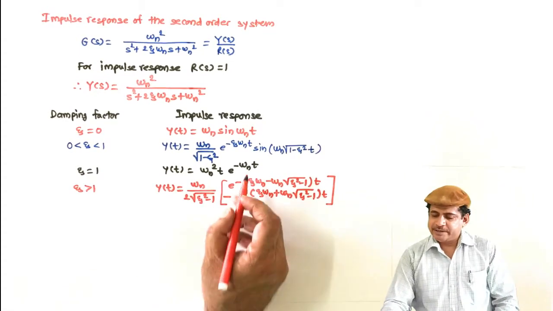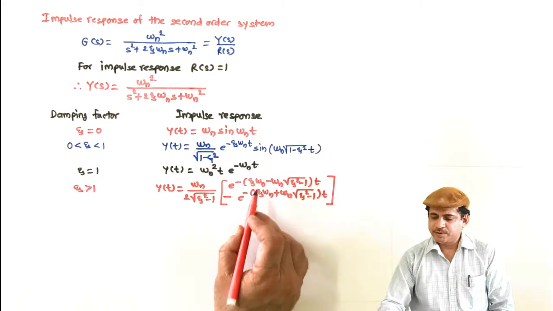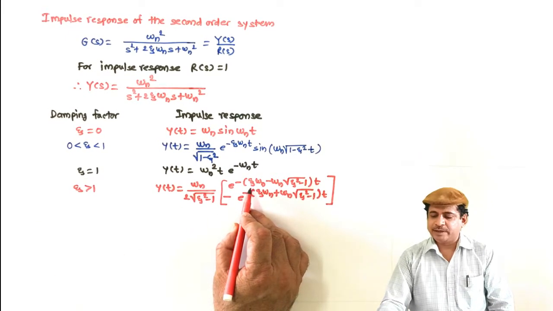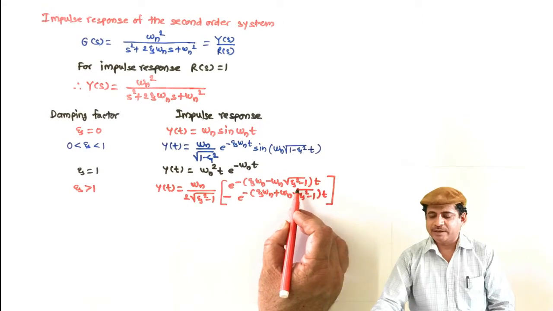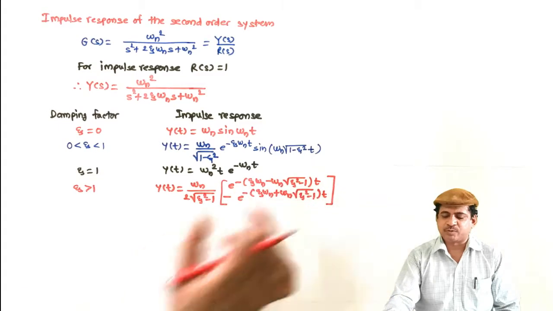So you can see these exponentials are nothing but the poles, minus zeta omega n plus or minus omega n under root zeta square minus 1, for the overdamped system. So they are appearing in the exponentials.